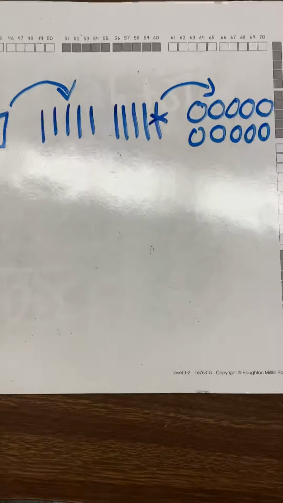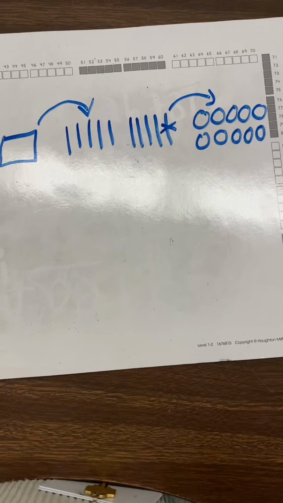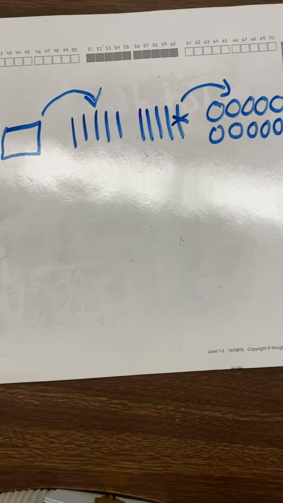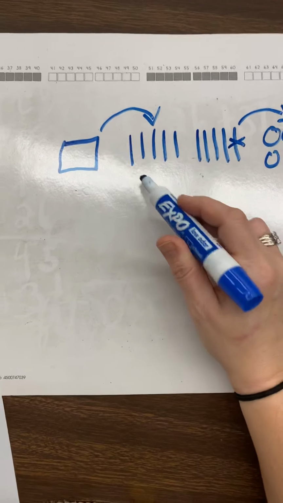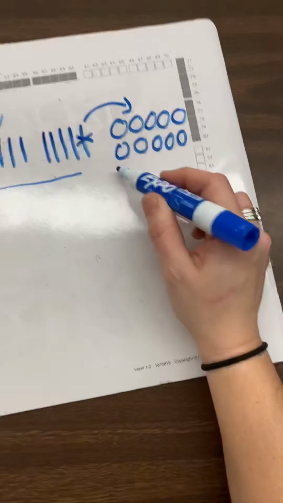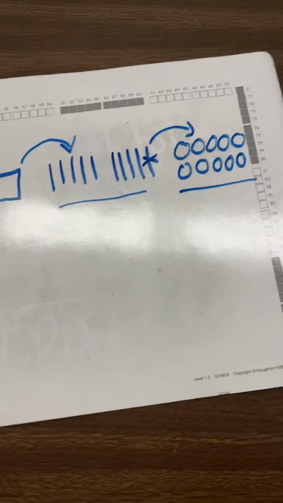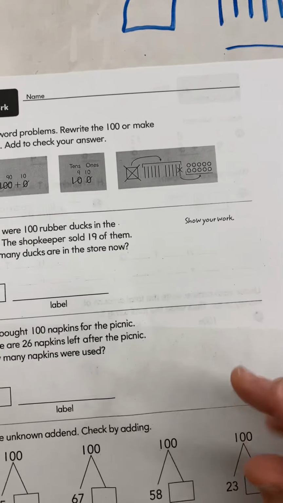Now what this does is it helps us to be able to subtract numbers that have tens and ones. So I took my 100, turned it into 9 10 sticks, and 10 ones.